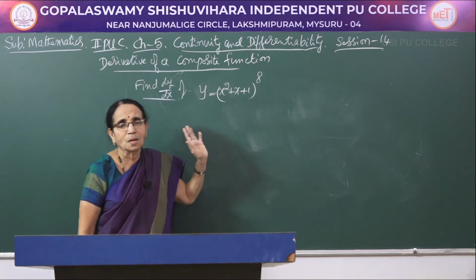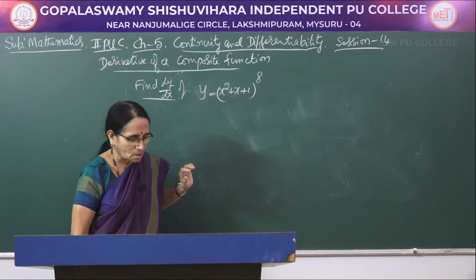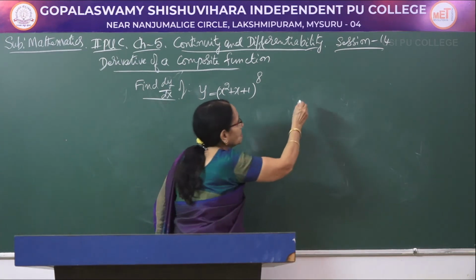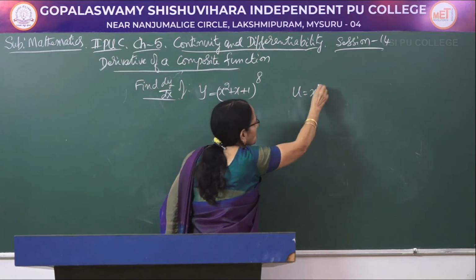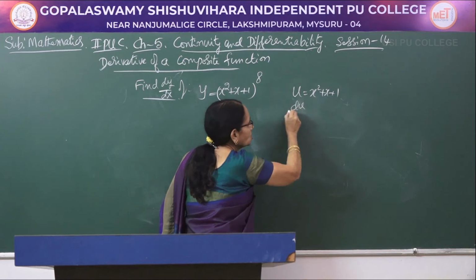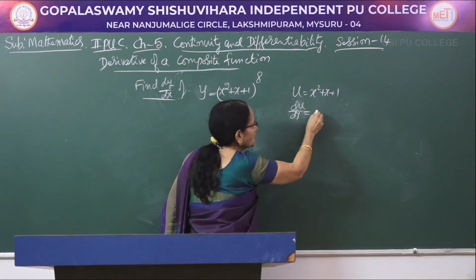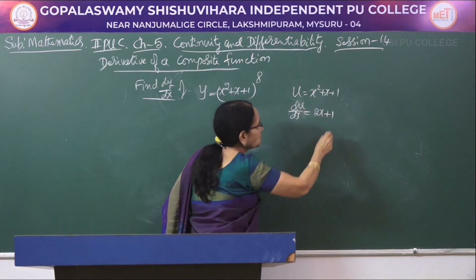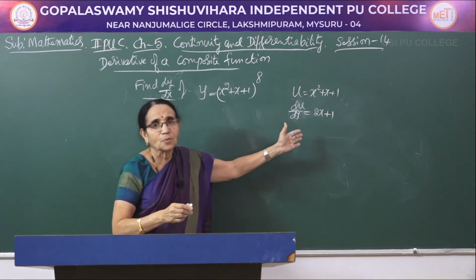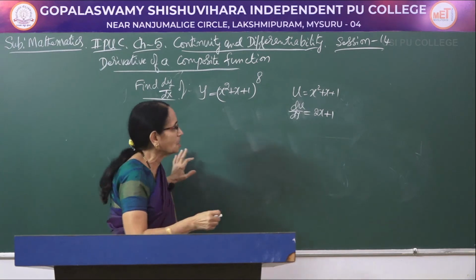Here both of them are there, x square term, x term and the constant term. Whatever may be the term, it is a substitution I am making. Let u be equal to x square plus x plus 1. Immediately you calculate du by dx, which is 2x plus 1. x square becomes 2x, x would be 1. These are the basic functions, so directly I am writing the derivative.